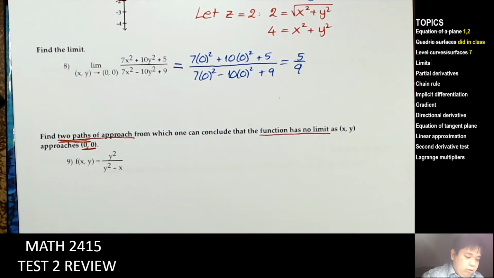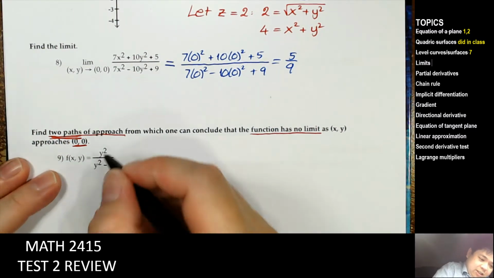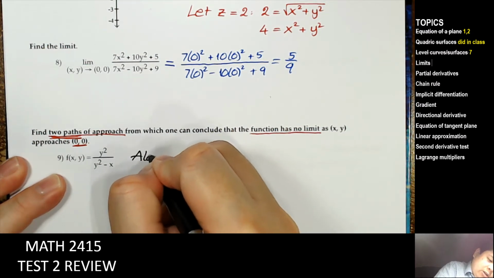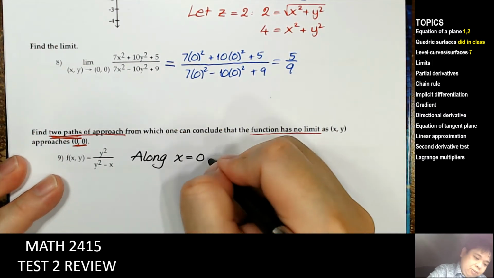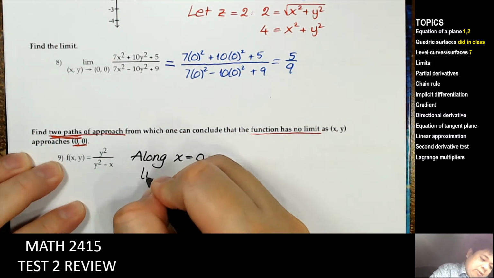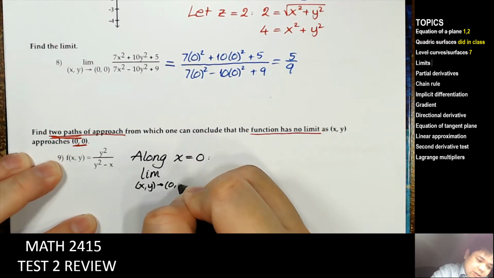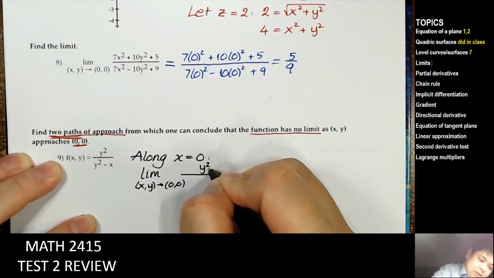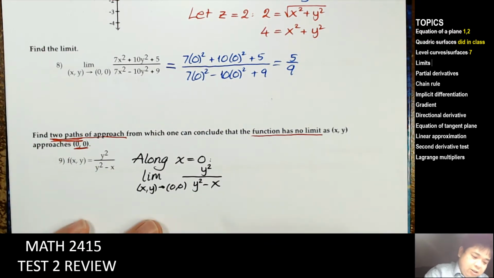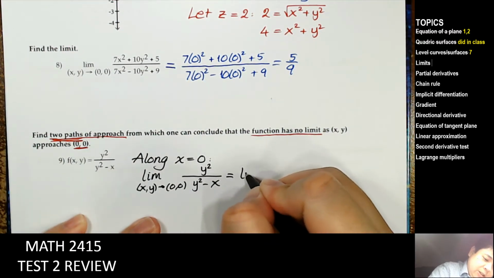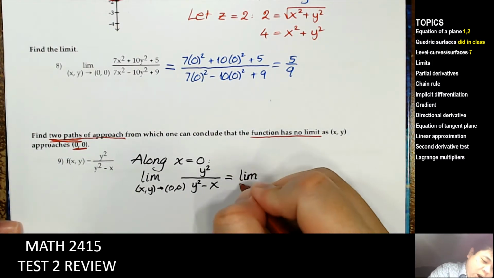Alright. So for the first one, I just try x equal to 0 and see what happens. First, we do that along the line x equal to 0, which is the y-axis. With that, the limit of the function, because x is already equal to 0, we only need to write y goes to 0 here.